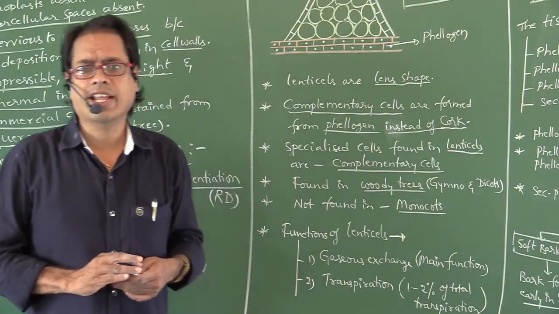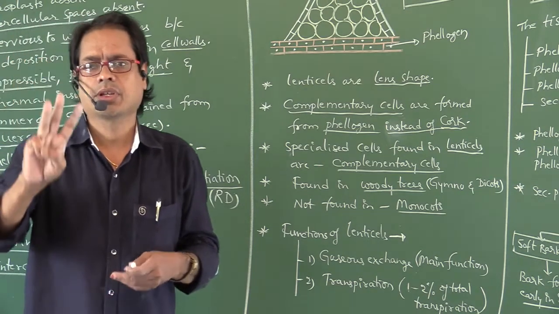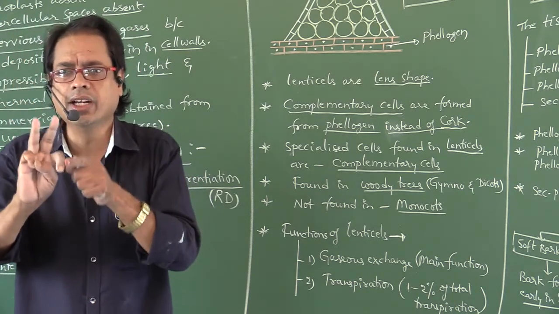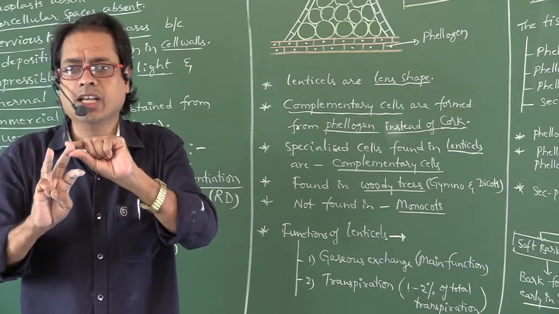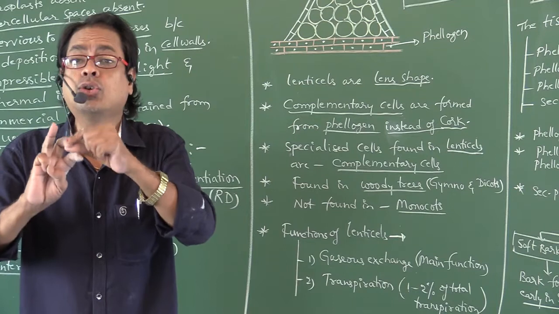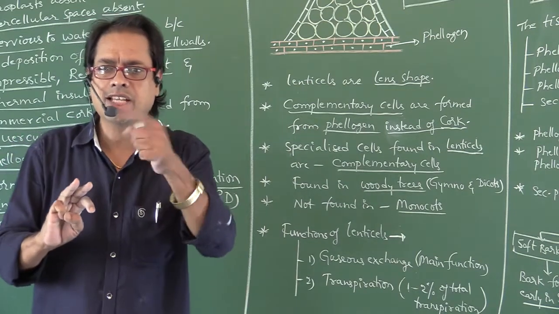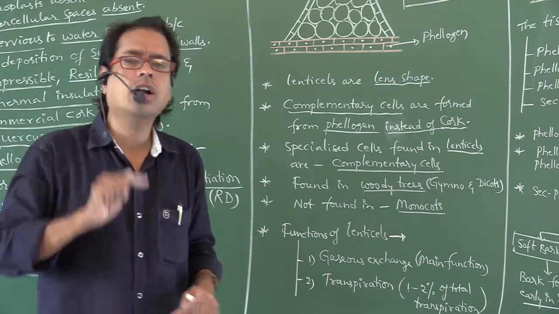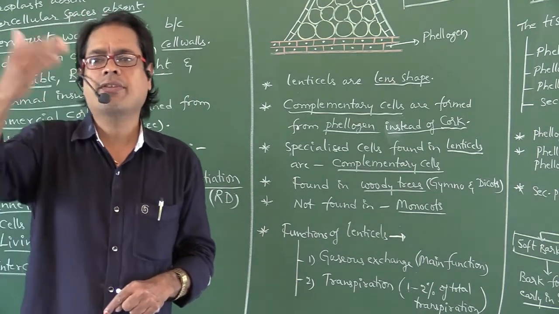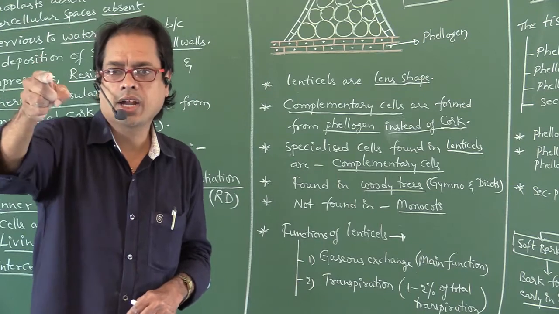Total how many types of transpiration are there? 3 types. The transpiration that occurs by stomata is called stomatal transpiration. The transpiration that occurs by cuticle is called cuticular transpiration. The transpiration that occurs by lenticels is called lenticular transpiration. The majority of transpiration occurs by stomata.